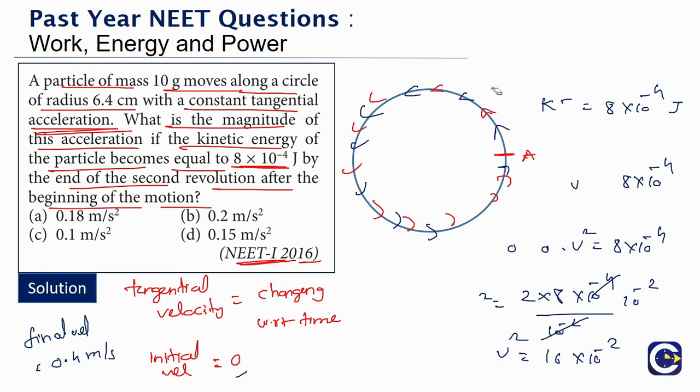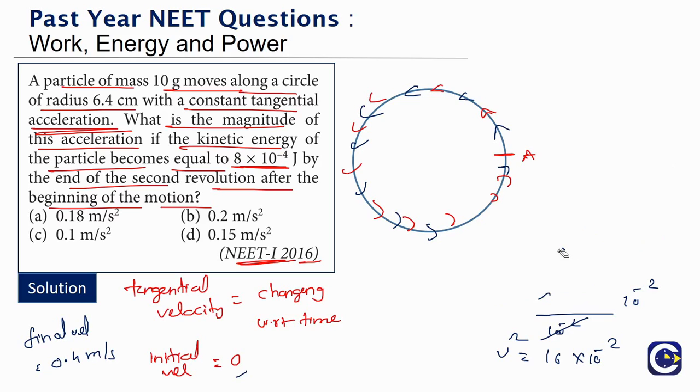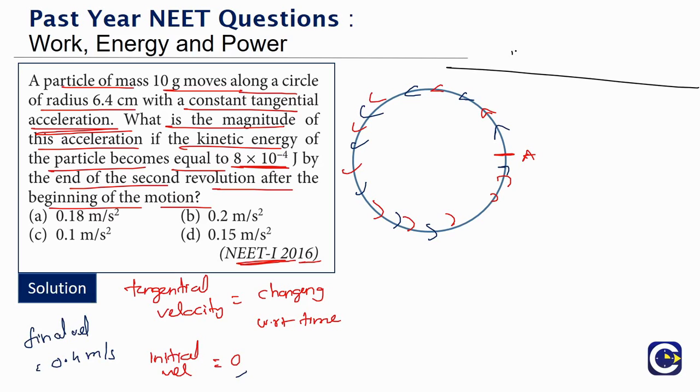Now if you look at the motion along the circumference, we cut the circle open and keep it like a straight line. What will be the total distance covered? 1 revolution means the perimeter 2 pi r. 2 revolutions means it would have covered a distance of 2 times the perimeter.